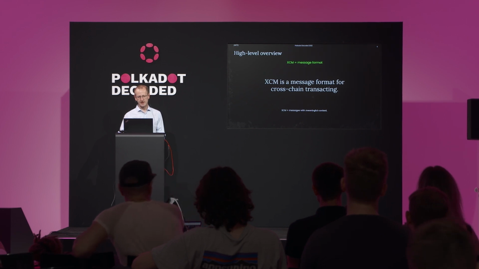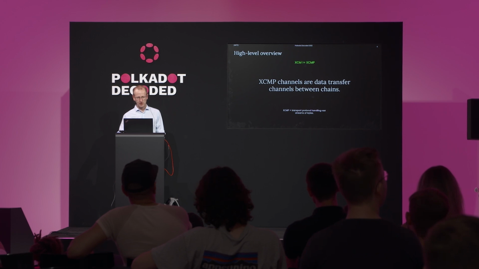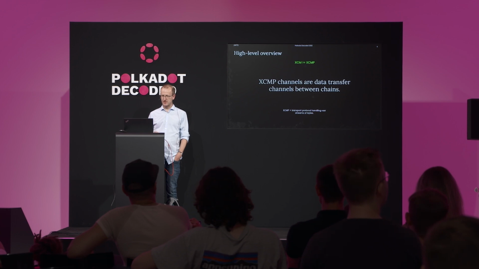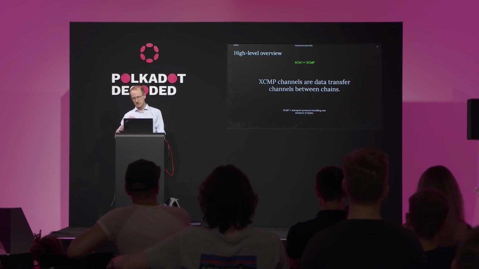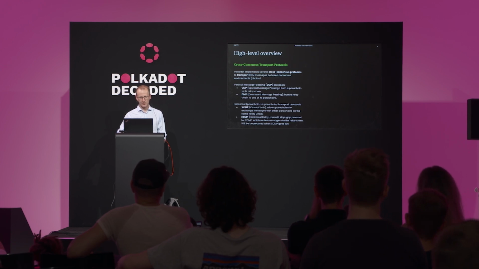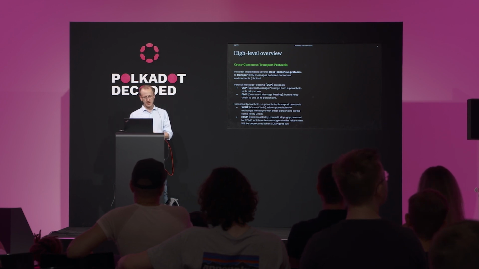And it allows to describe messages and operations with very meaningful content. You will also hear, however, about XCMP and other protocols that are aimed at transporting Xcm messages across different technologies. So Polkadot actually implements several cross-consensus protocols, and there are two families, we will say.